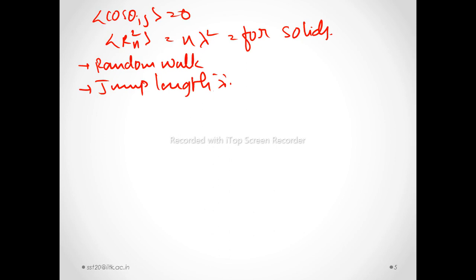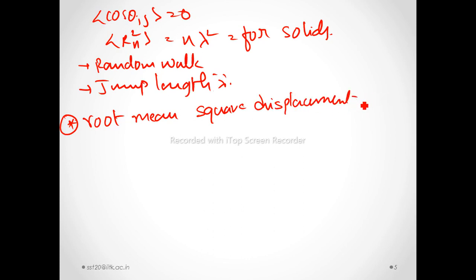So we are considering the root mean square displacement, which is given by root mean square, is equal to root n into lambda.